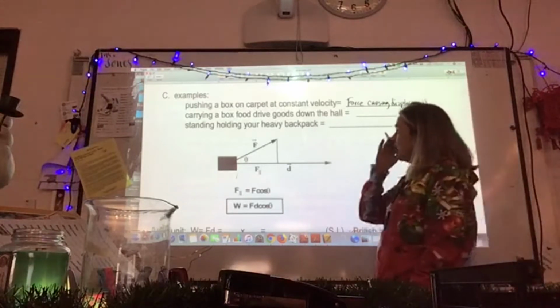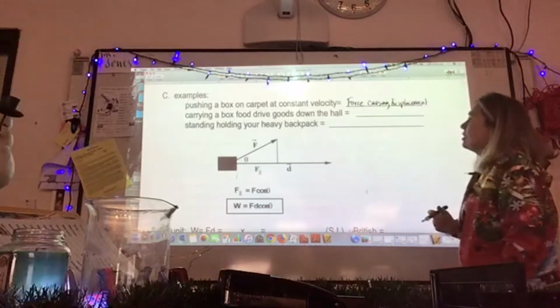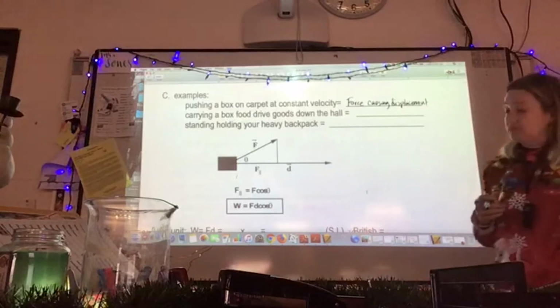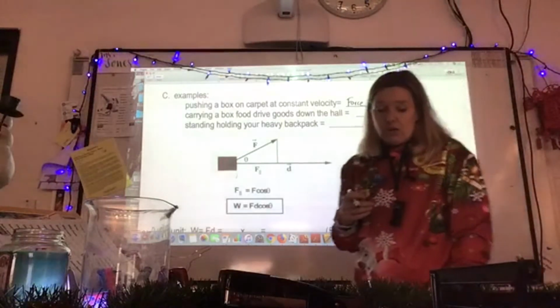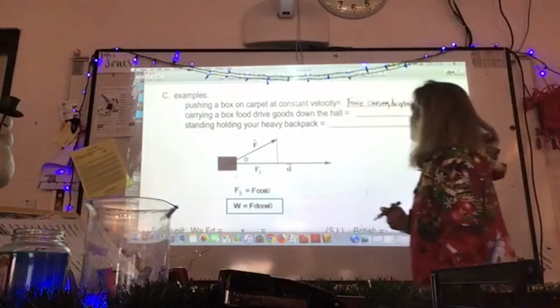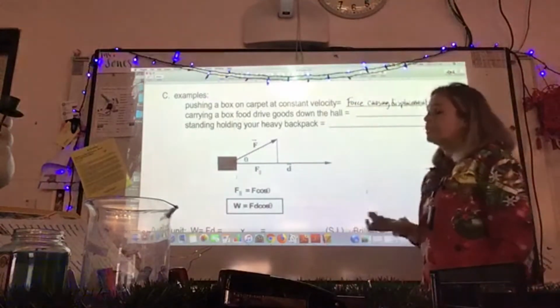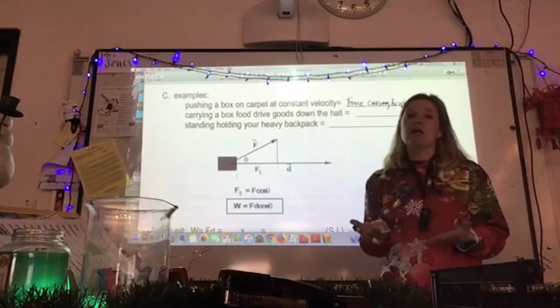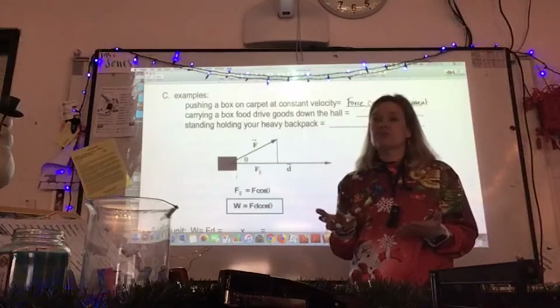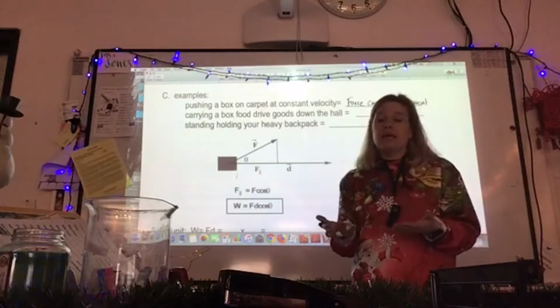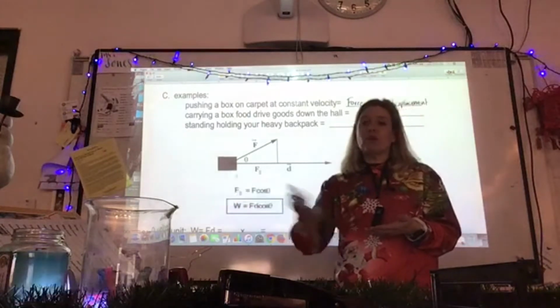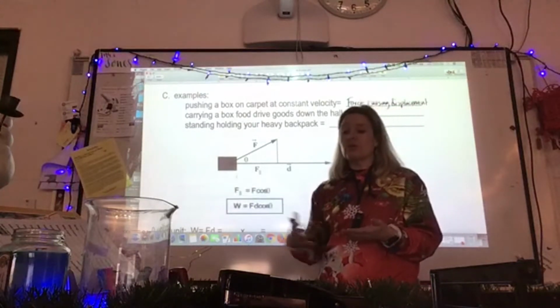If you're carrying a box of food, all right, down the hall, then there's a problem. And the problem is, if you're carrying this box, which way is your force? Up. And so I know you're moving forward, but we're not speeding up forward, and we're going at constant speed.